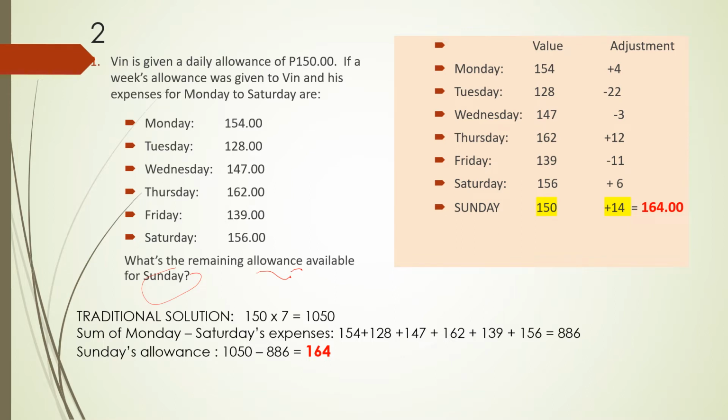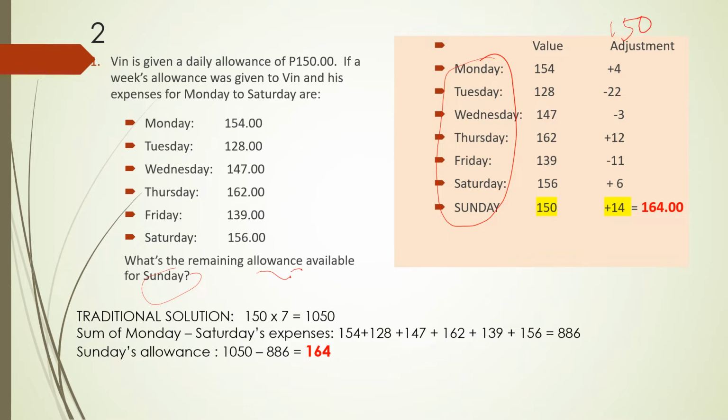We're supposed to more or less facilitate computation as fast as we can. The zeros we need to cancel out. You may not write down all the days, but let's account for the expenses for Monday through Saturday. So the reference value in here is 150.